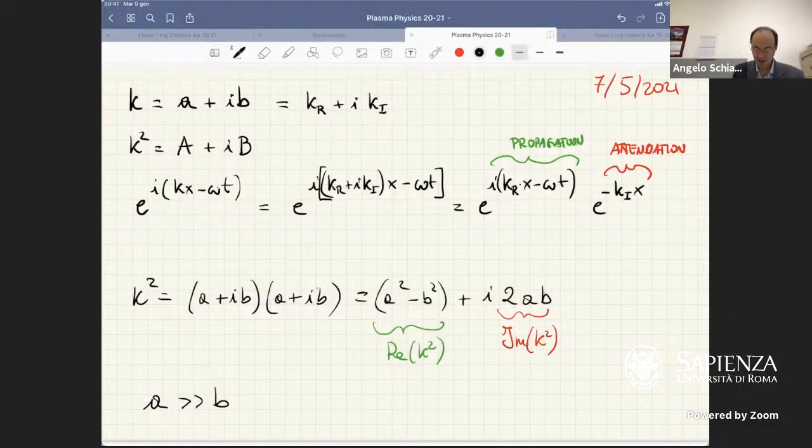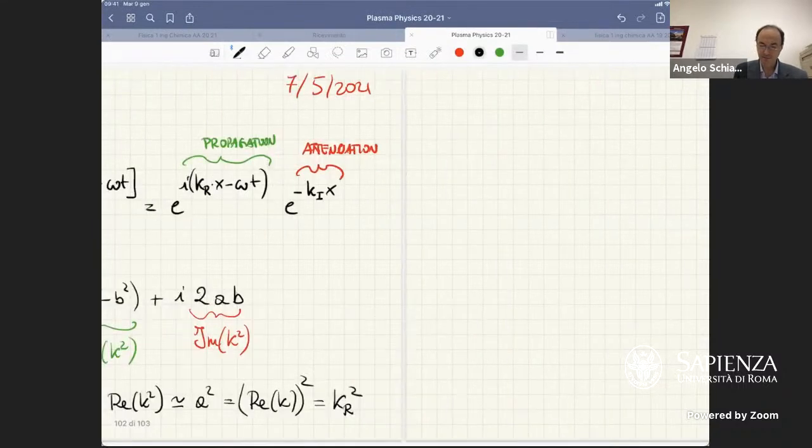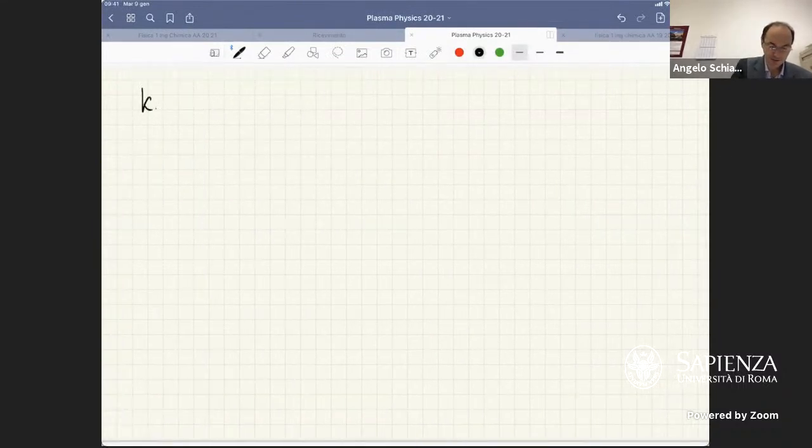And in that case, we can say that the real part of k squared is almost equal to a squared, which is what we call kr squared. So if we want to get kr, this is just the square root of the real part of k squared.